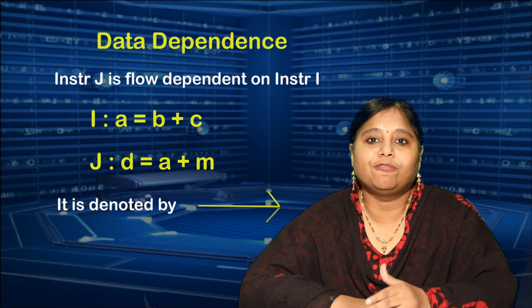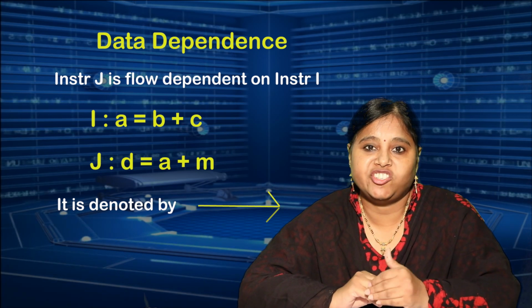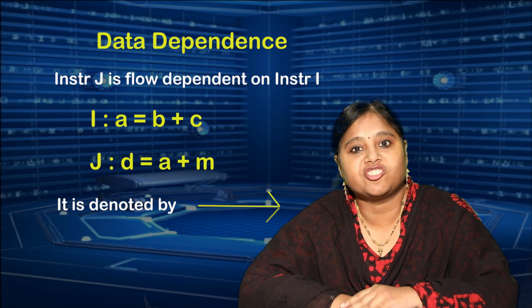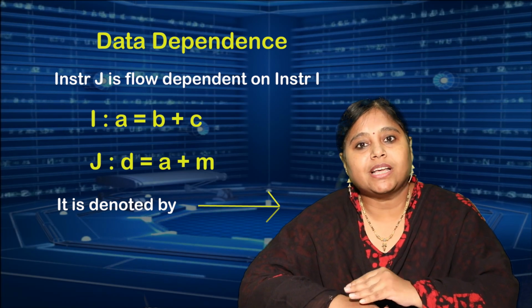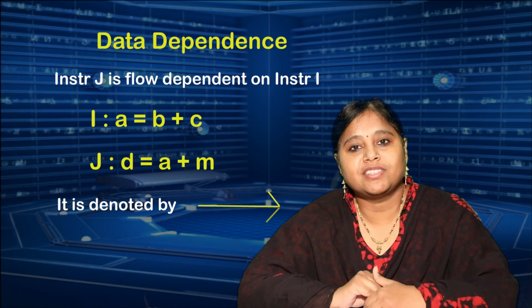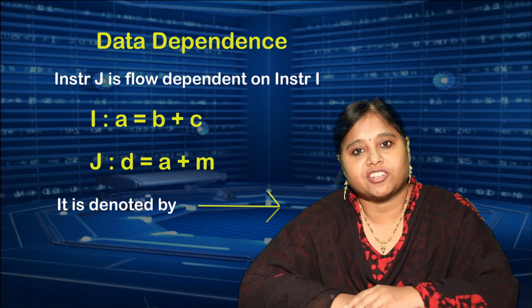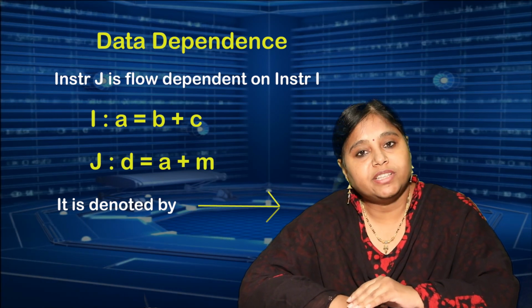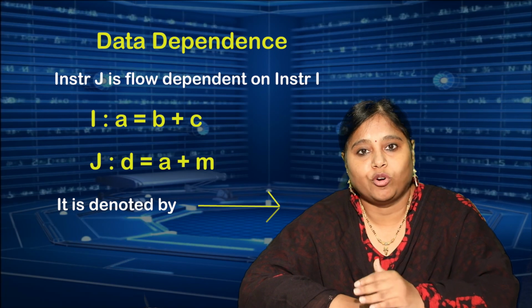So instruction J is flow dependent on instruction I. That means only after the execution of the first instruction will the second instruction be executed. This type of dependency is called flow dependent.